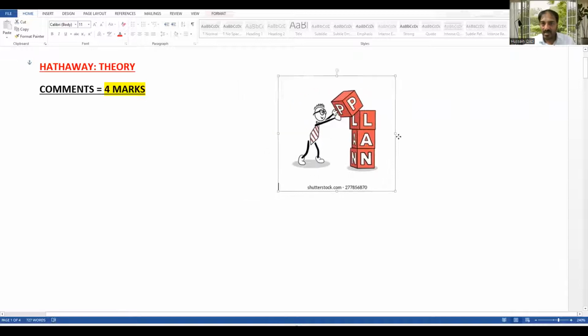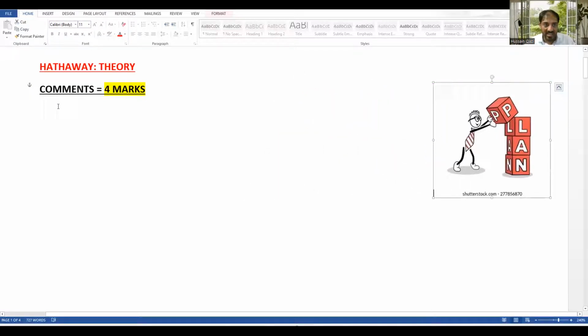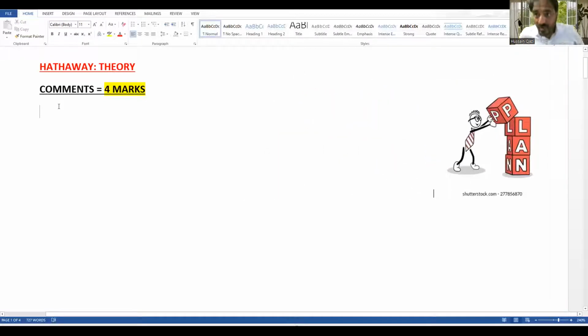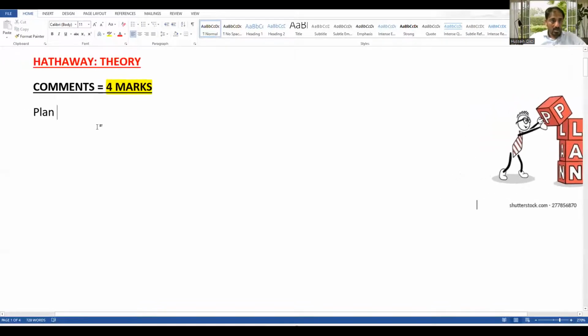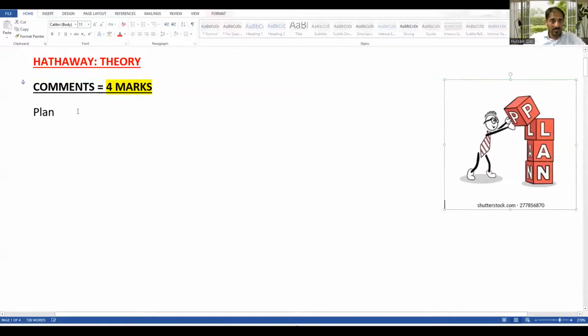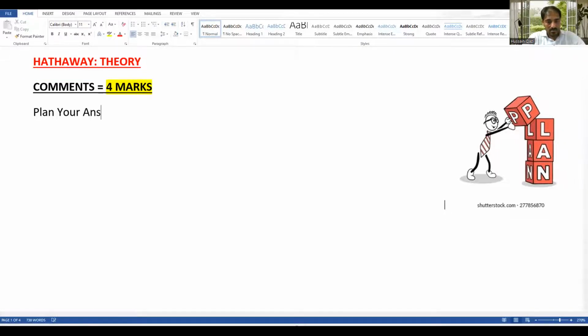Very good. Even for calculation, even for theory, the first very important thing is that you have to plan your answer, before moving to the answer.